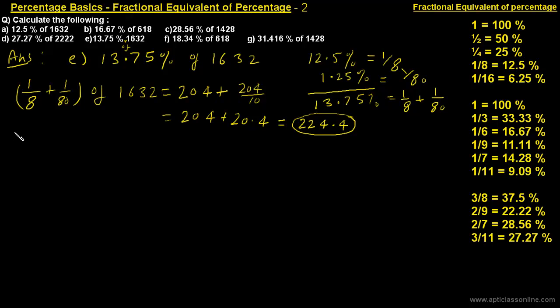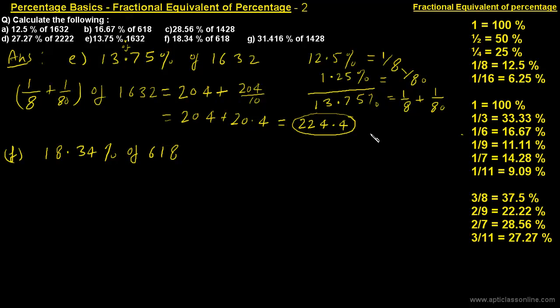Let's take the other example. Part F is 18.34% of 618. Again, 18.34% is not a common percentage for which we already know a fractional equivalent. Then we have to find which fractional equivalent it is closer to.